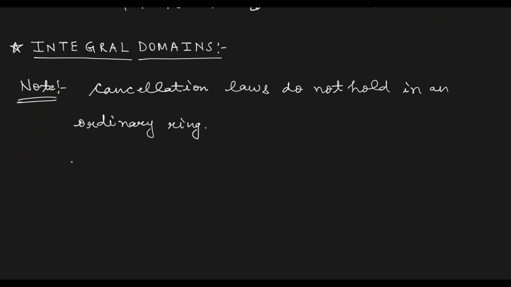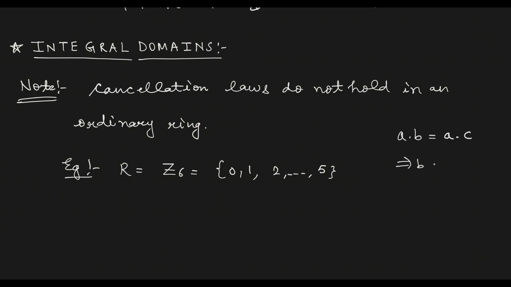For example, if I have the ring Z6, 0, 1, 2, and so on till 5. a into b is equal to a into c implies b is equal to c.